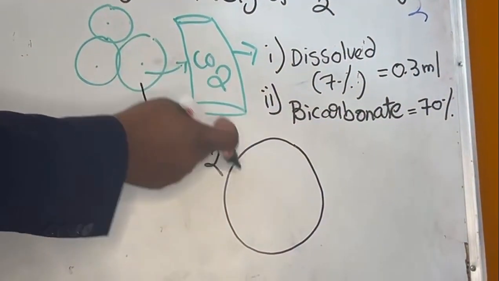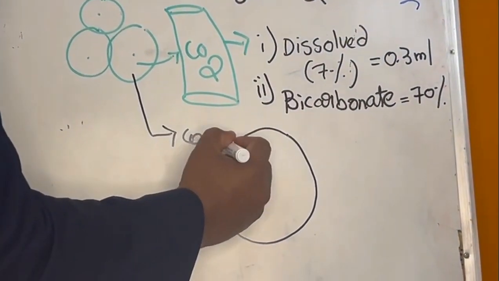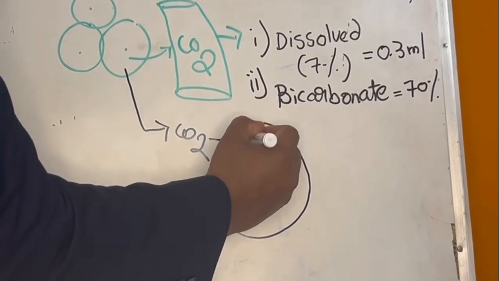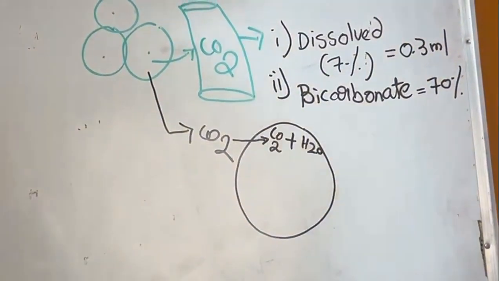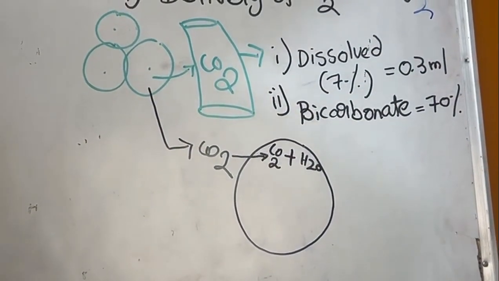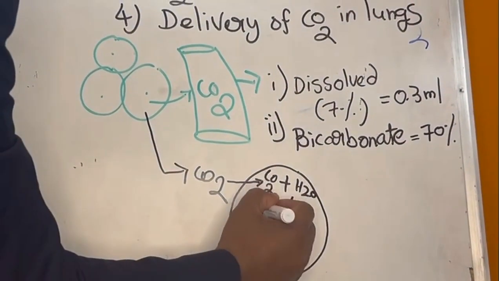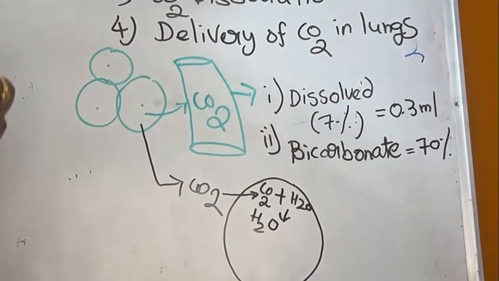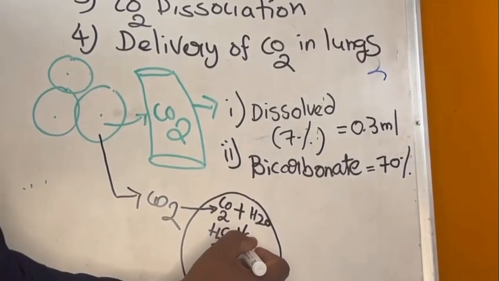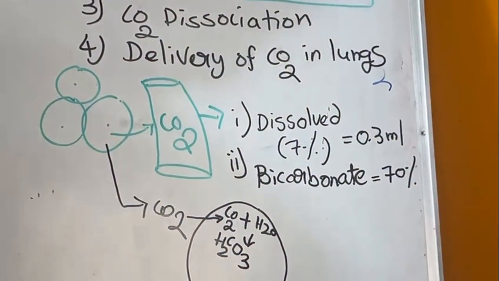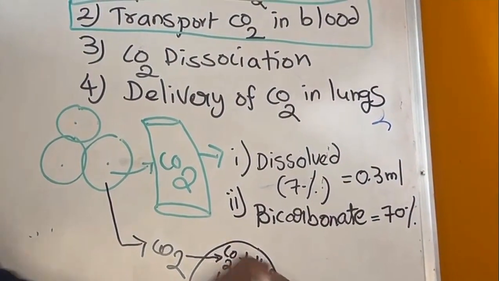After entering the RBC, it combines with water to form carbonic acid, H2CO3, in the presence of an enzyme called carbonic anhydrase.